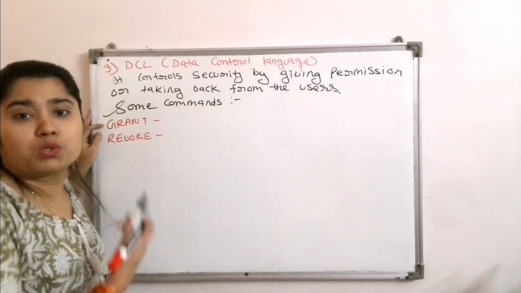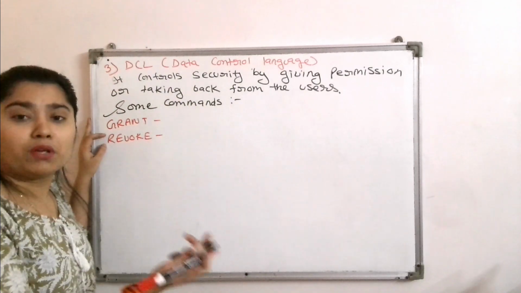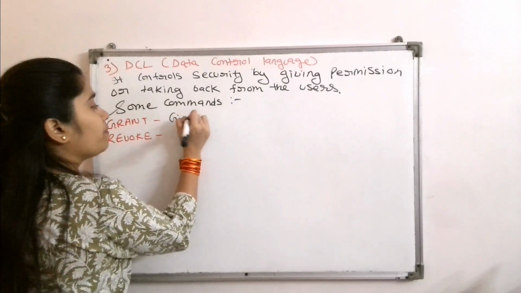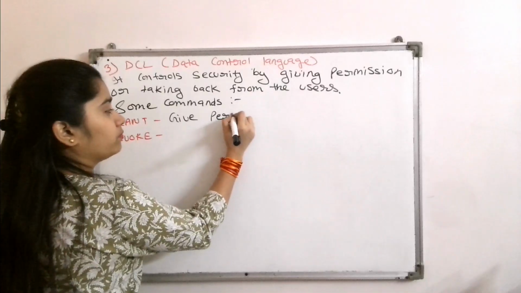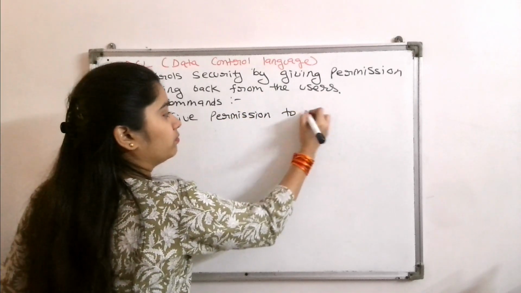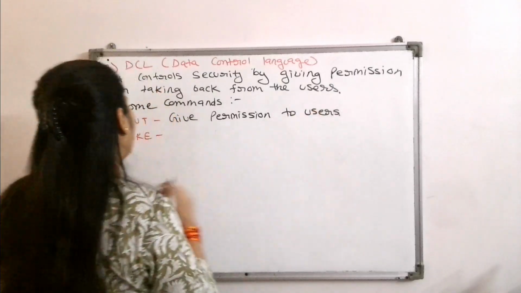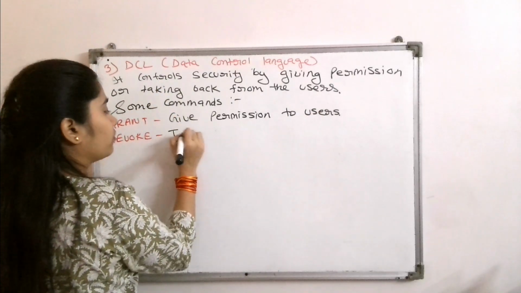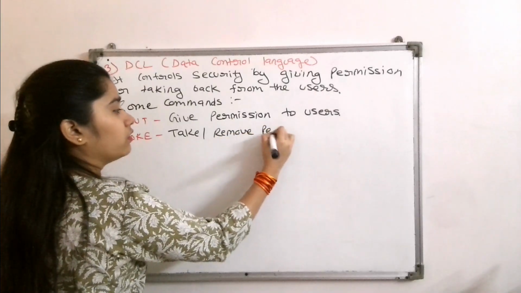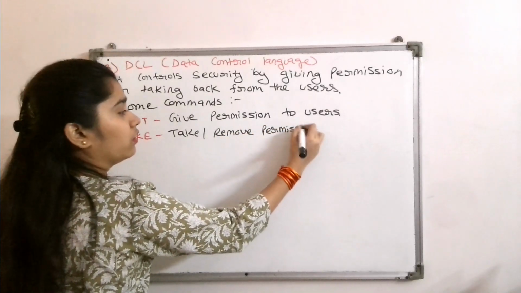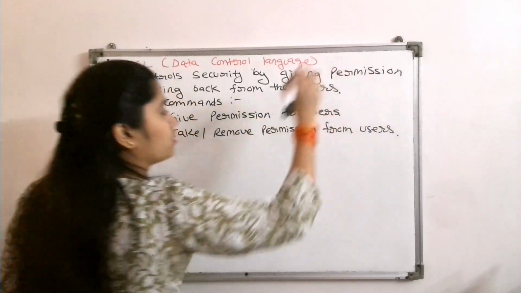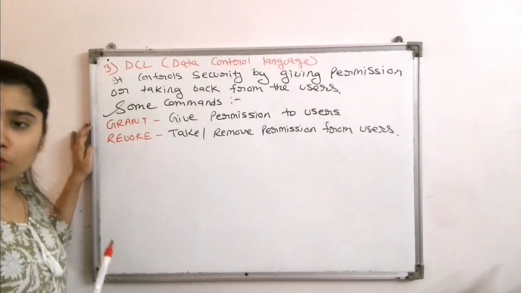So grant means to give permission to users, and revoke means to take or remove permission from users. I hope you are clear with both commands.